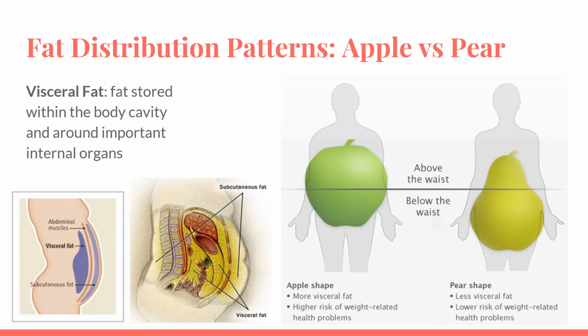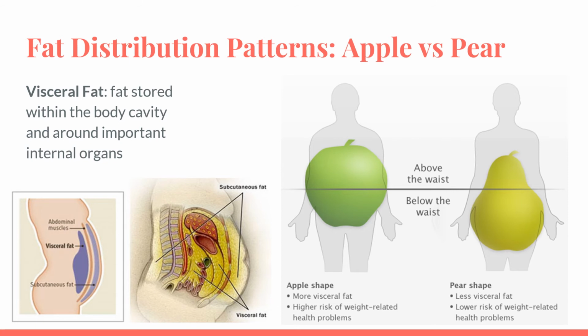The reason for measuring this is because of where that extra fat is stored. So if the extra fat is stored around the abdomen, this is where we have our vital organs, our liver, our digestive organs. You might start to influence the bottom of the lungs, the spleen, the gallbladder.